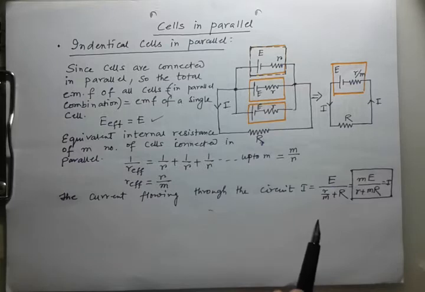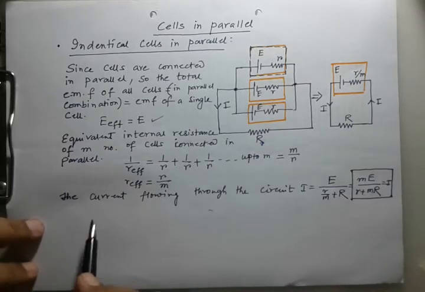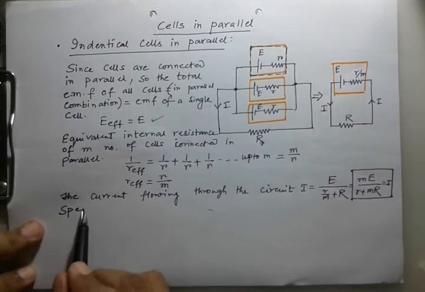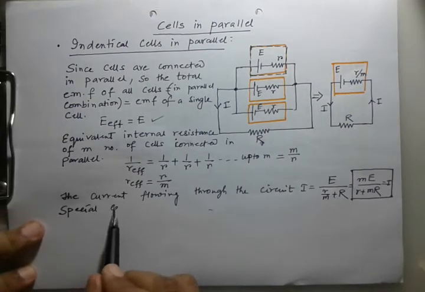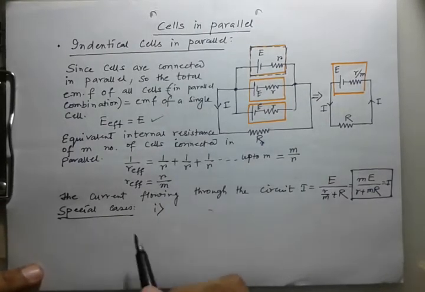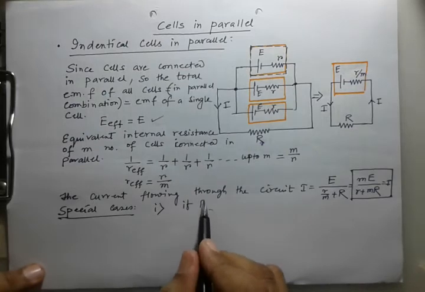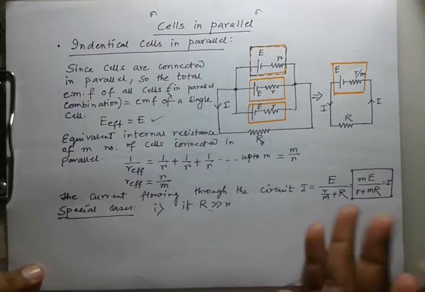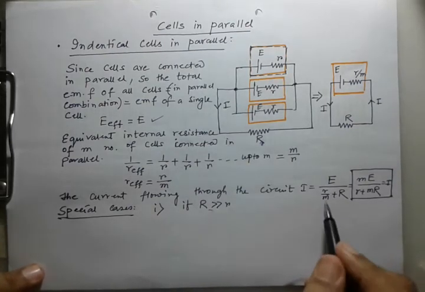Now some special cases are there. What are the special cases? Normally we've taken two cases earlier also. If R is much greater than r, what will happen? Then r by m will be neglected.